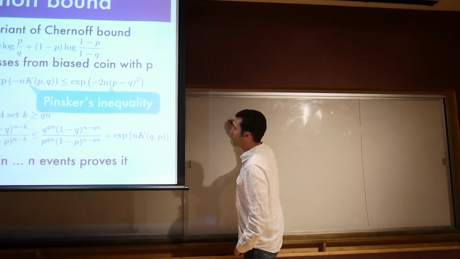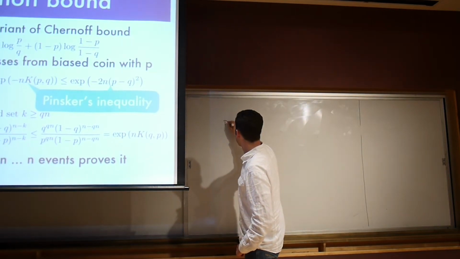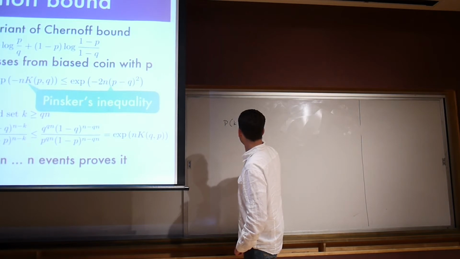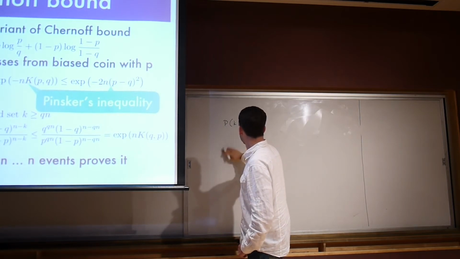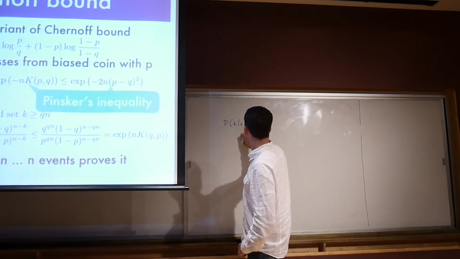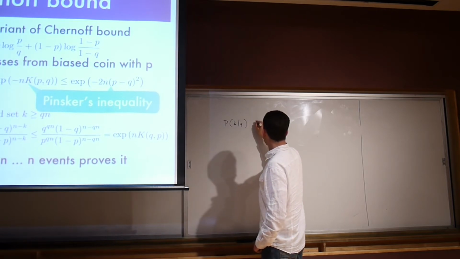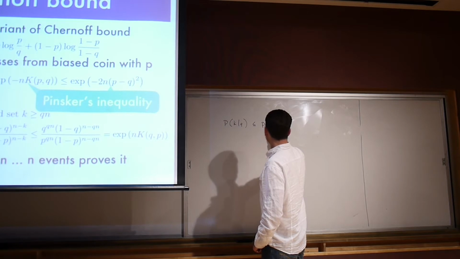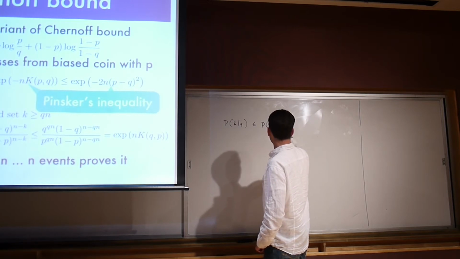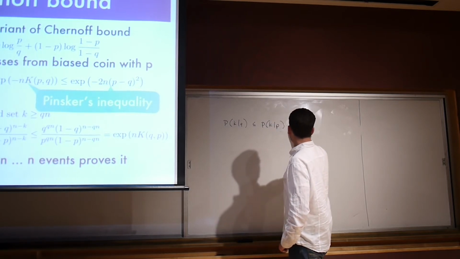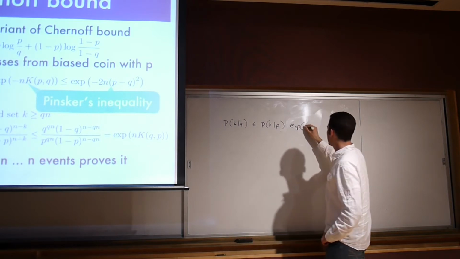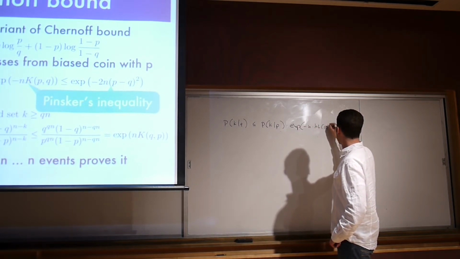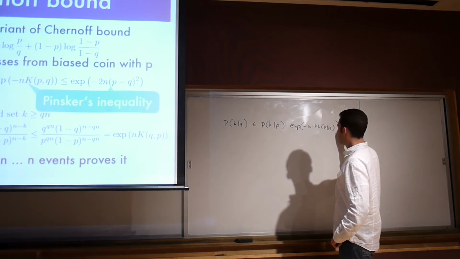So basically, here, P of K given Q is less or equal than P of K given P times e to the minus n times KL(P, Q).